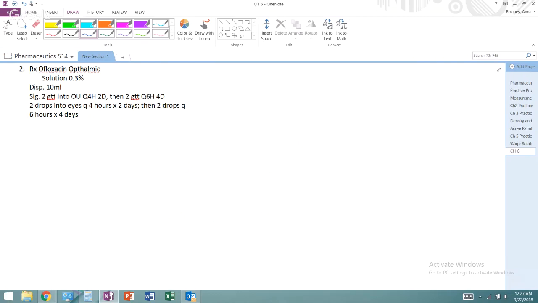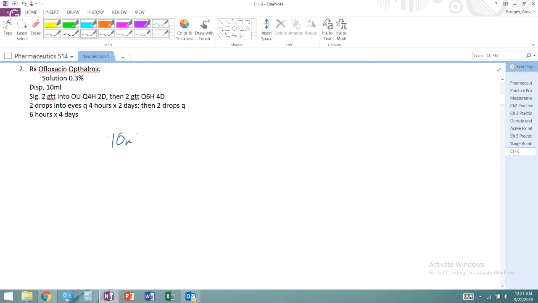So this is 2 drops into both eyes, but in the original script it just says eyes, every 4 hours for 2 days, then 2 drops every 6 hours for 4 days. But they don't necessarily want that. They just want to know how many milligrams are in the solution. So all of that is unnecessary.